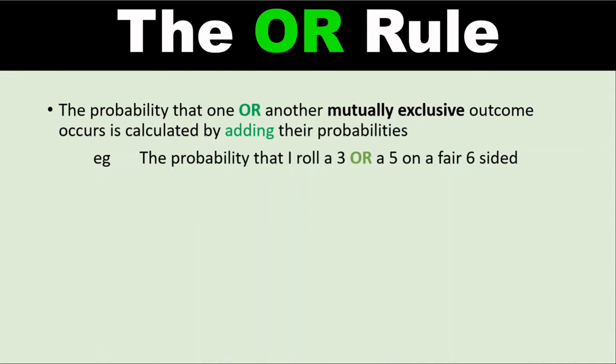It can't be a 3 at the same time as it is a 5. So the probability of rolling a 3 plus the probability of rolling a 5. Remember, we've got a common denominator. That does not change. We're just adding our numerators. 1 plus 1 is 2, so 2/6, or simplifying to 1/3, dividing both top and bottom by 2.